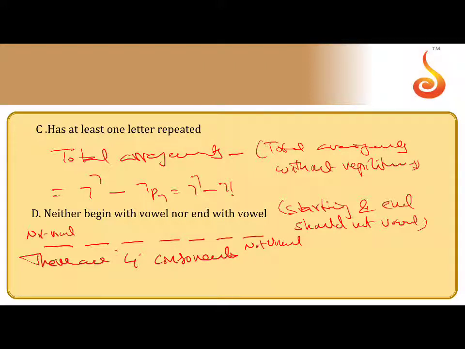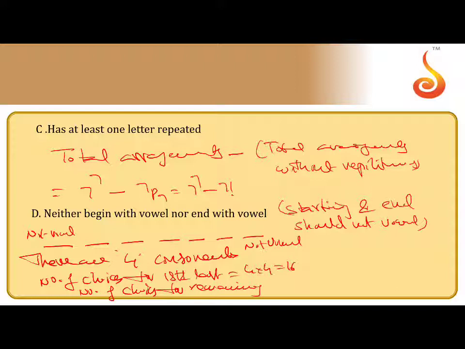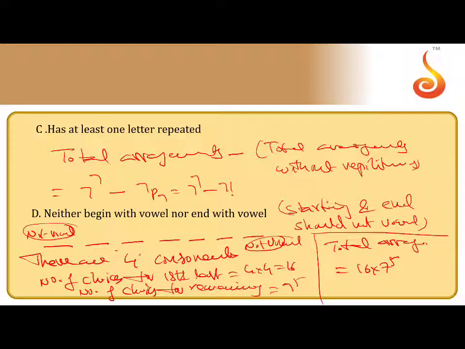Therefore the number of choices for first and last is 4 into 4, 16. The remaining positions give 7 power 5, just as we did now. The total arrangements is 16 into 7 power 5.